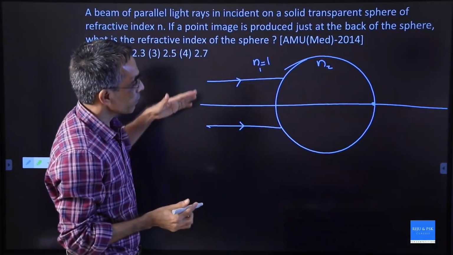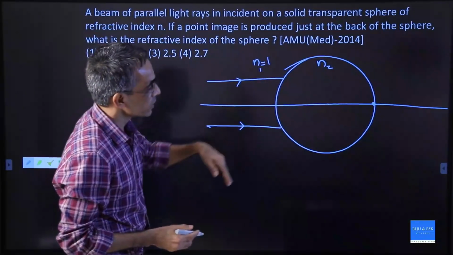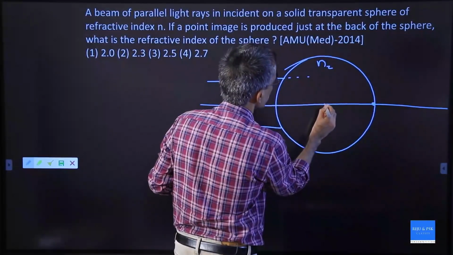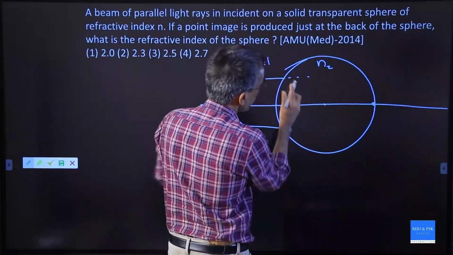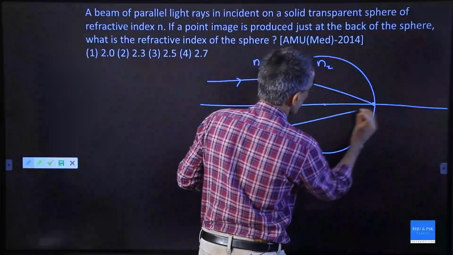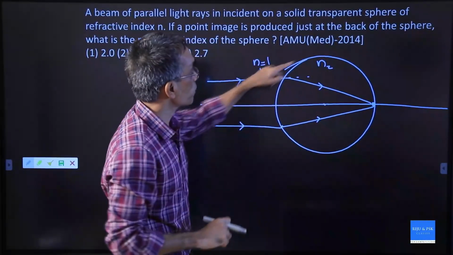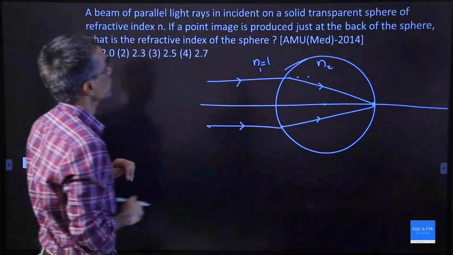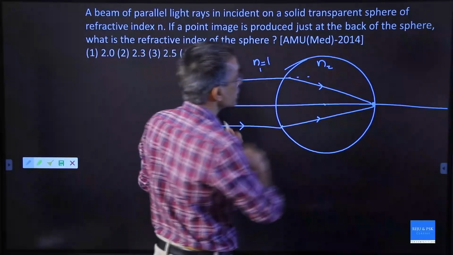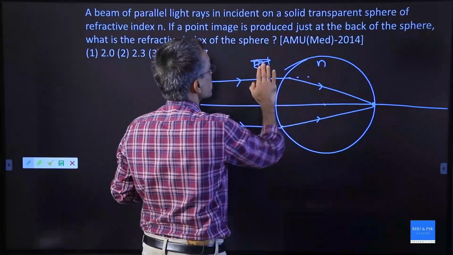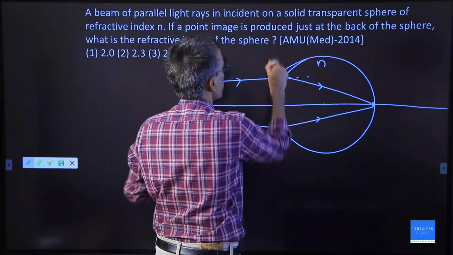Now when it is coming from a rarer medium to a denser medium, it will always bend towards the normal, and this may be focusing to this point. That is the point. What is the refractive index of the material? That is what is asked. The refractive index of the material is given as n. So I will take it as n, and this I will write as 1.